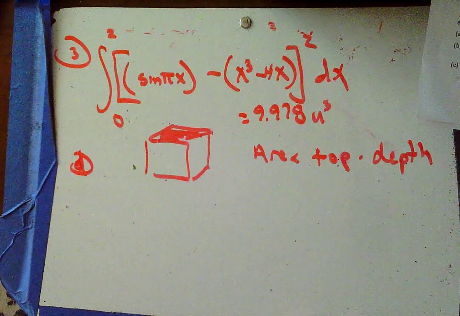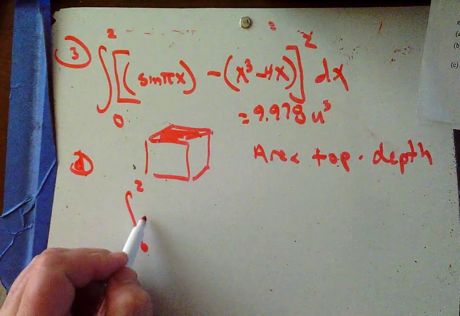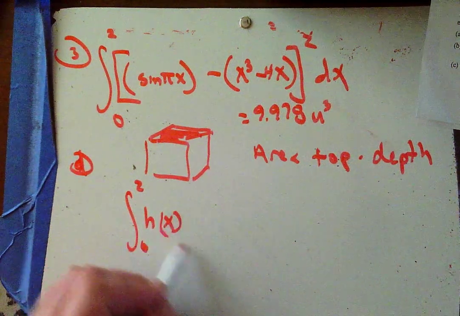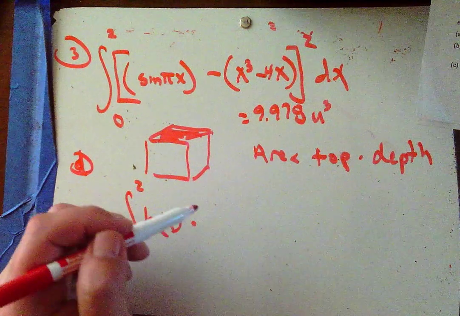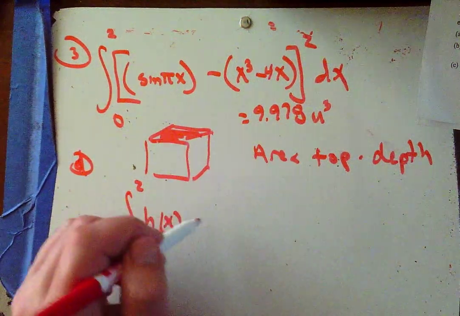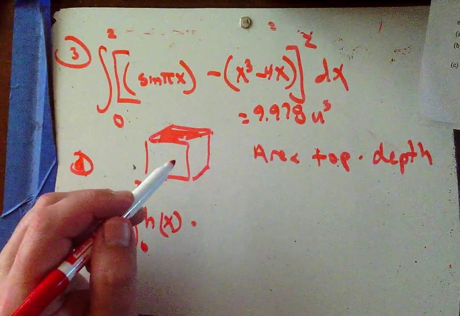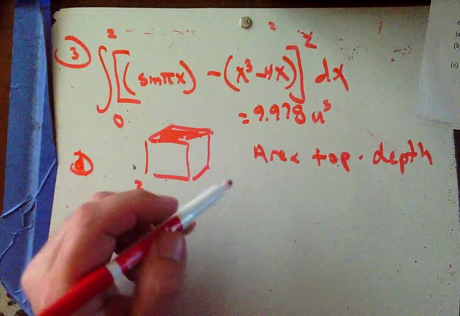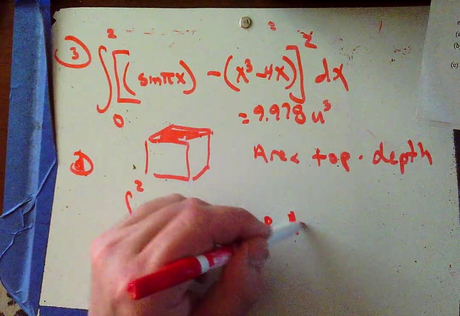I'm thinking about integrating from 0 to 2 h of x, that depth function, times our area. And I'm not integrating area, I want what will give me the area. And what will give me the area is just top minus bottom, right?